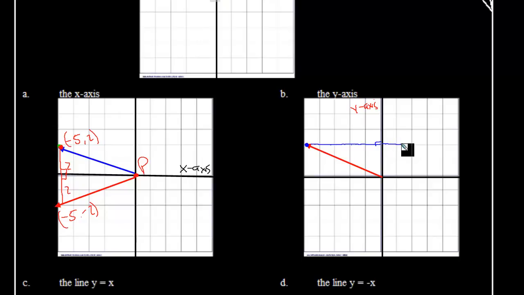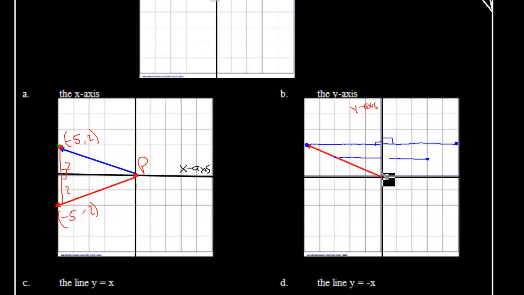If I continue in that same direction, 1, 2, 3, 4, 5 spaces, notice it's perpendicular, put a point. That point has to be on my symmetric ray. If I pick another point, such as this right here, this is approximate, 1, 2, 3, so if I go 1, 2, 3, that gives me a point.